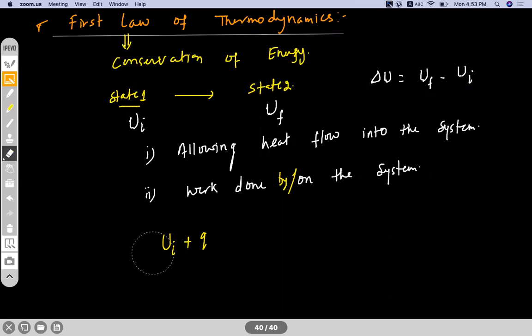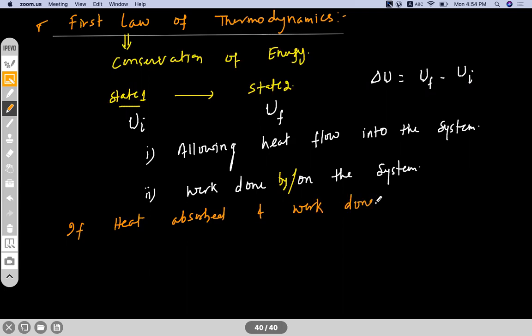If heat is absorbed and work is done on the system, this will increase the internal energy.